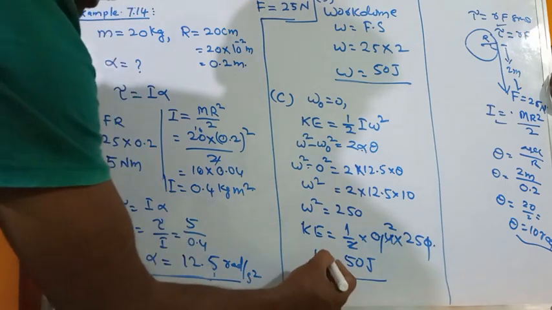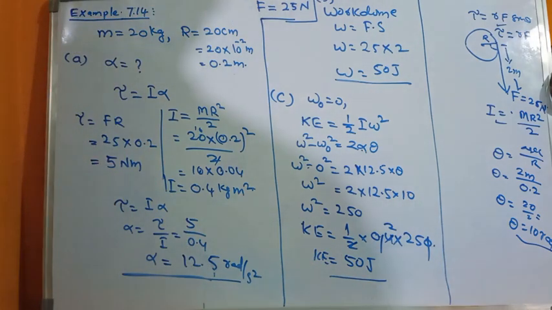So the kinetic energy is 50 joules. This is the energy of the flywheel.